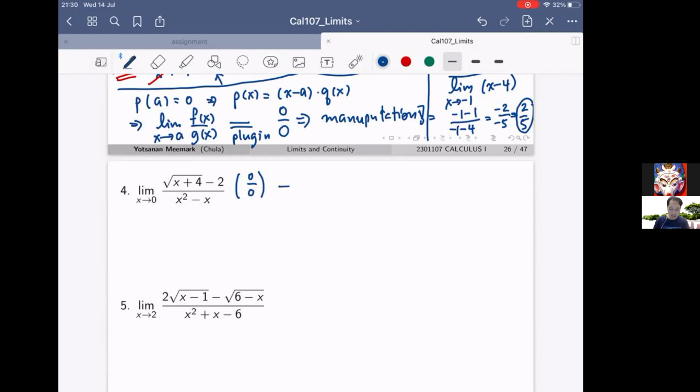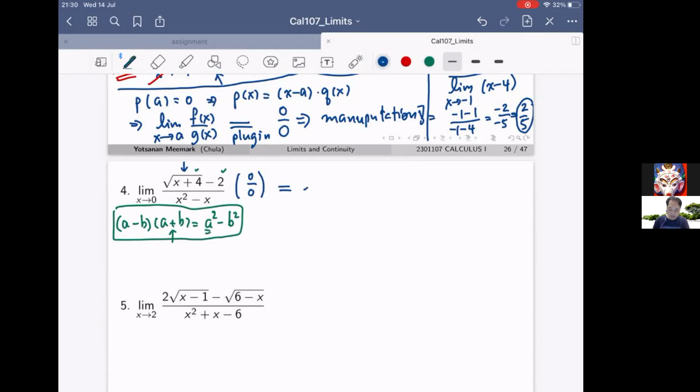As you see a square root, a manipulation you may think of is the conjugate, so that it will get rid of the square root. You already have a minus b, so if you multiply by a plus b, the square root will be gone because you have a squared minus b squared.